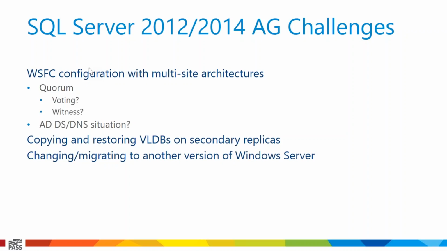And another challenge that we have is, let's say you implemented SQL Server 2016 this summer on Windows Server 2012 R2. Next year, your company wants to move to Windows Server 2016. Well, right now, there's no real easy way, shall we say, little teaser for my session at Summit, to migrate just to a new OS, because I want to keep my availability group.